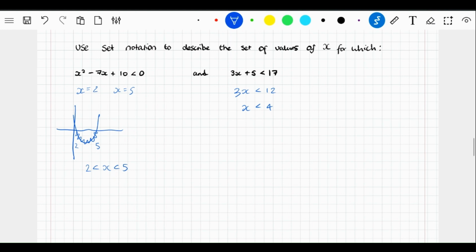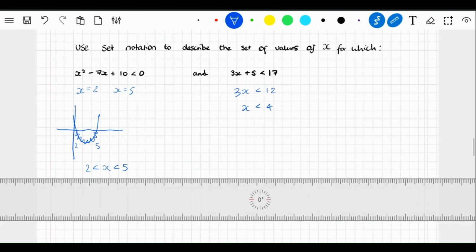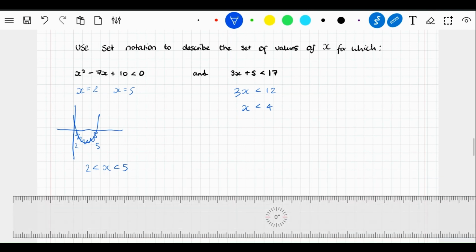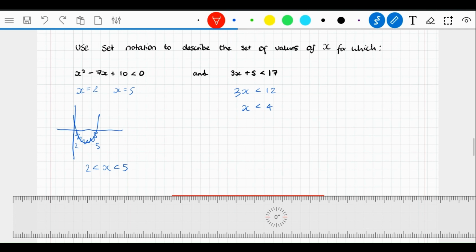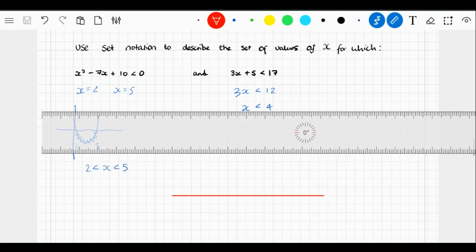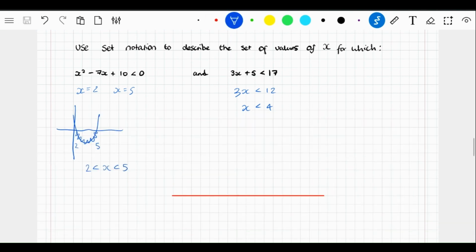Now, if we draw out another number line, we'll plot our values upon that. So we'll start at 0 there, then 1, 2, 3, 4, 5, 6, 7, 8.